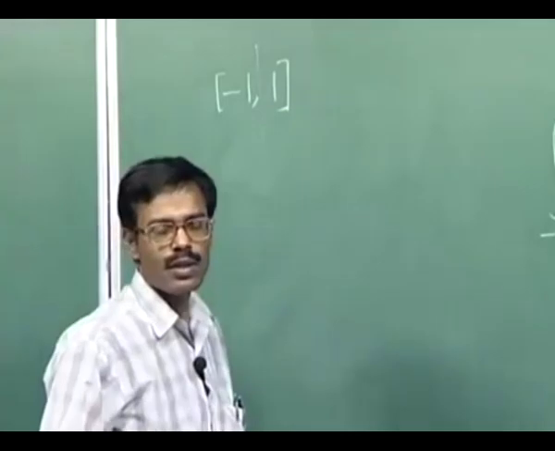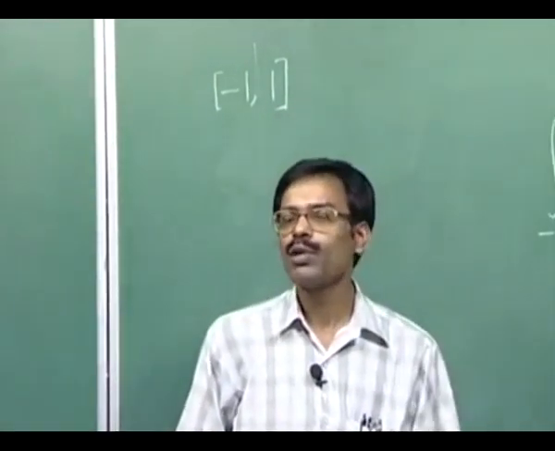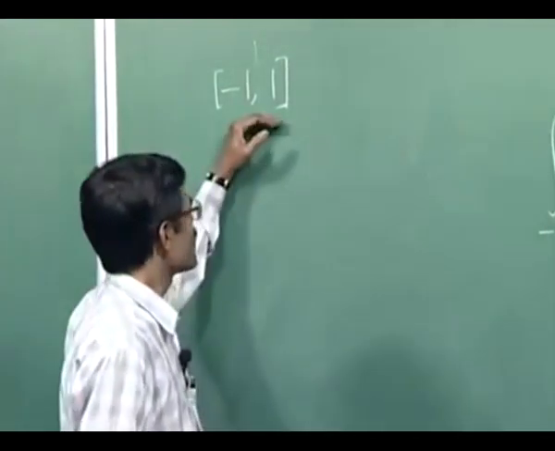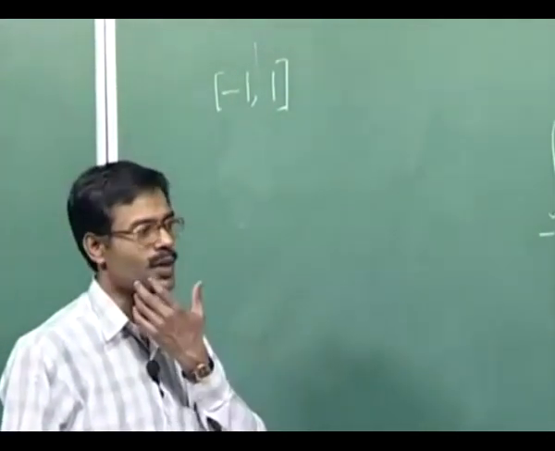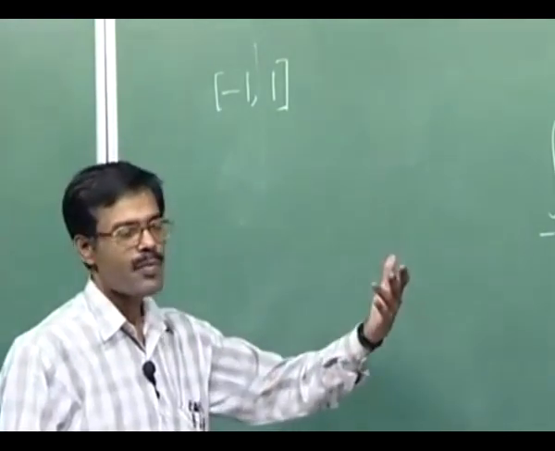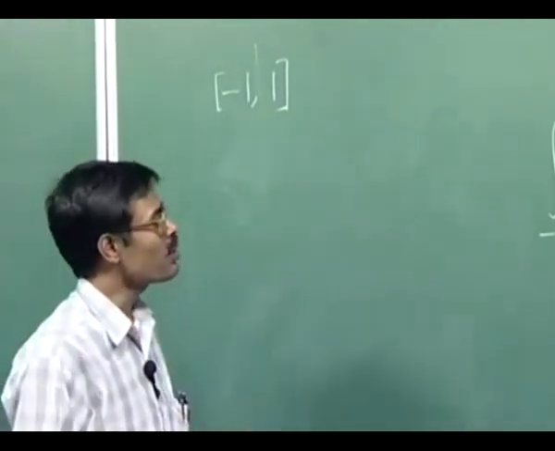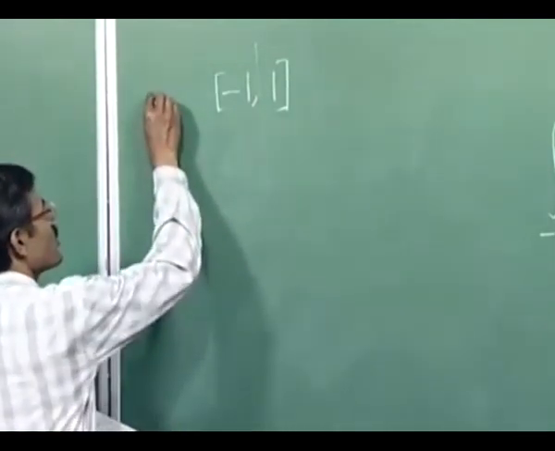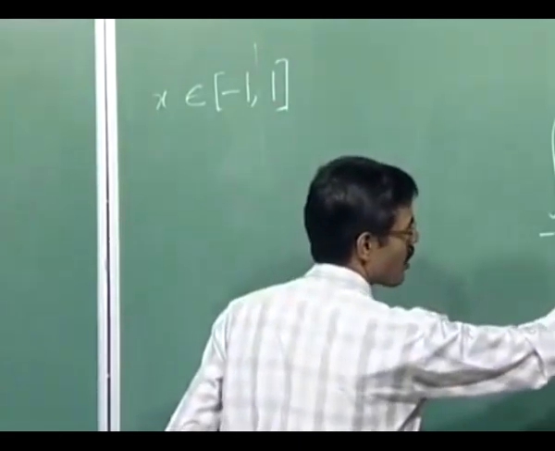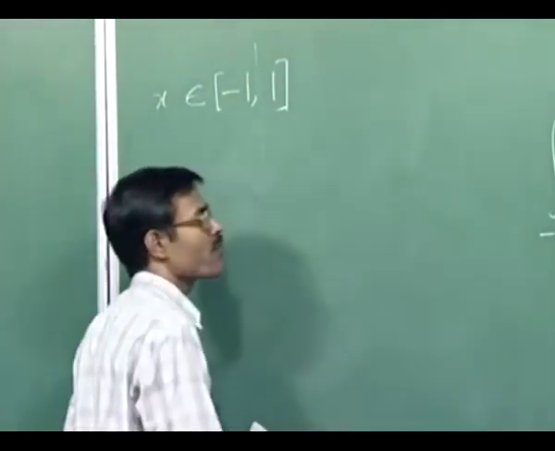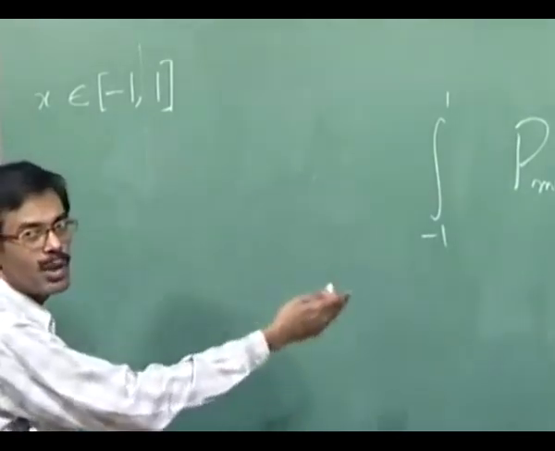Now, another question arises: whenever we want to represent a function, all the time we do not want to represent it over this interval only. Sometimes we may need to represent some functions over an interval which need not be this, but that is a minor issue. Suppose we take x in this interval for the reference of the Legendre polynomials.